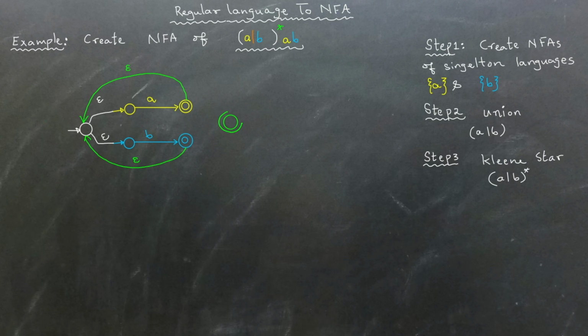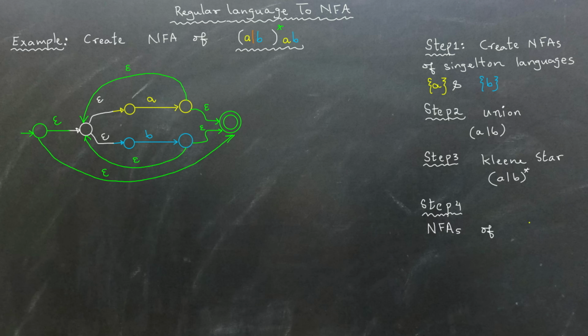Step 2, we introduce a new final state and connect the original final state to this new final state using epsilon transitions. Step 3, finally we create a new start state and add an epsilon transition from this new start state to both the original start state and the new final state. That's it. We are done with the Kleene star operation.